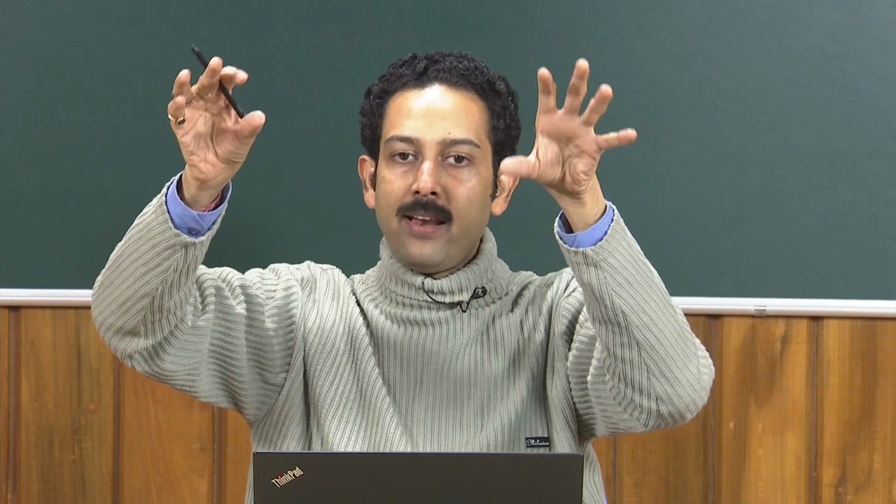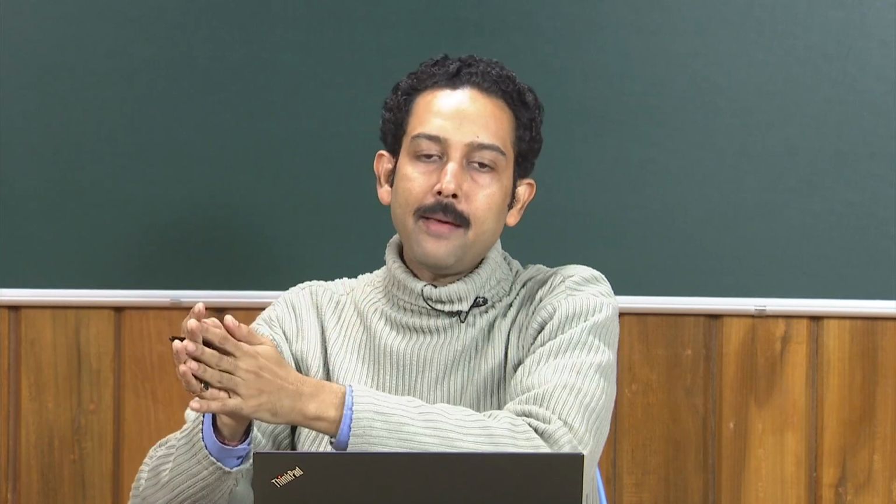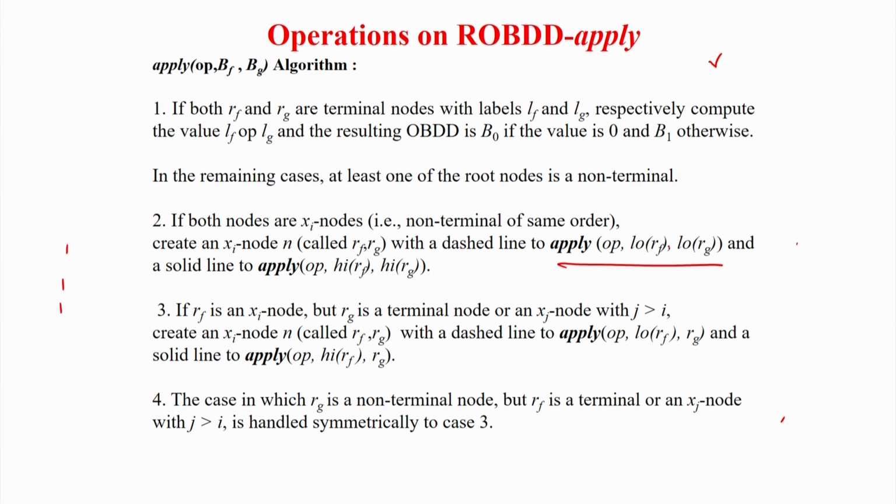Go to the right child of both the nodes, operate them, and you get the right child. That is what they are saying: apply of low of RF, low of RG, and on the right side, that is 1, the operation on high of RF, the high of the parent, and high of the second parent. This is simple if the two nodes are of the same level.